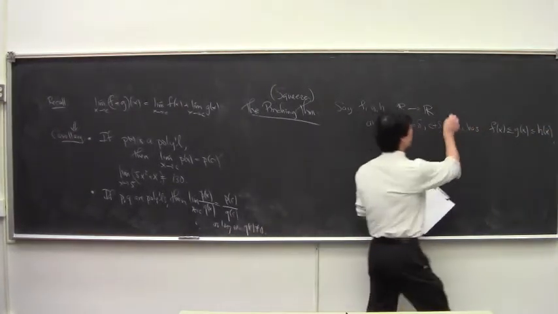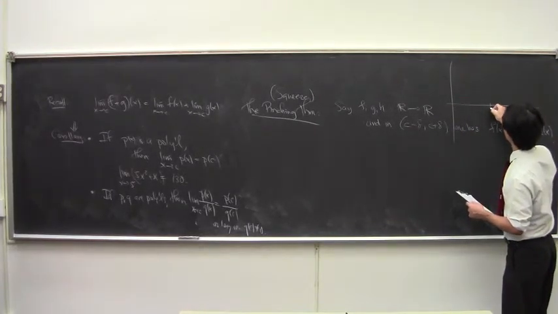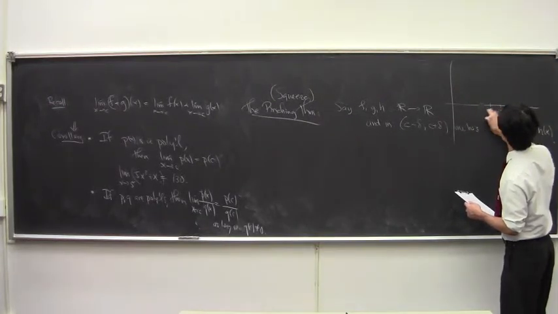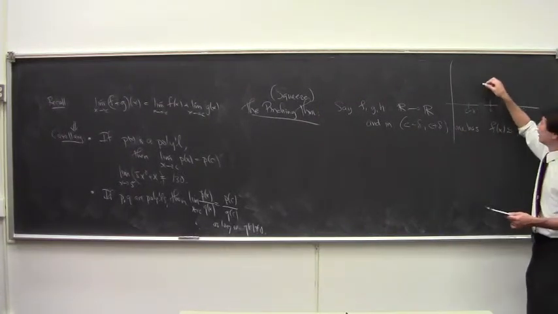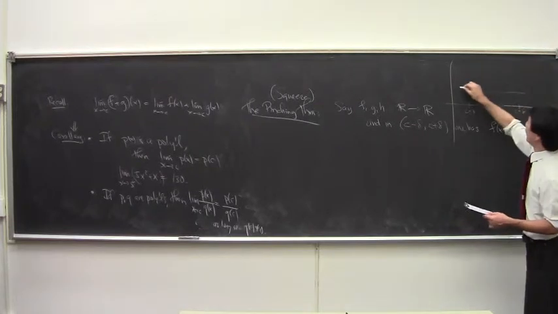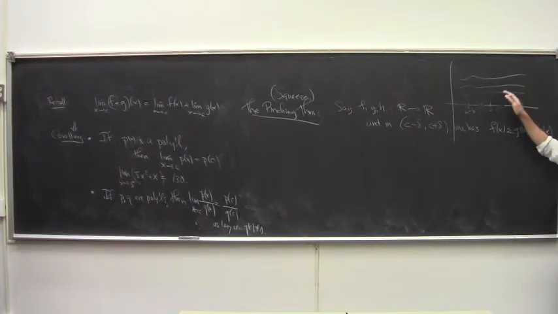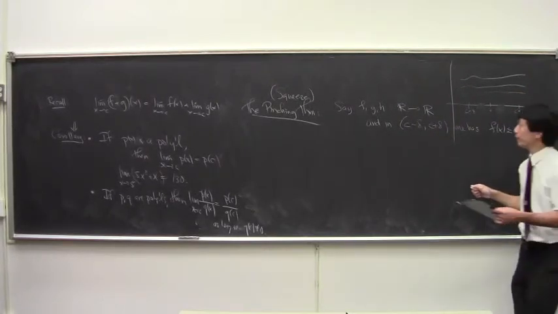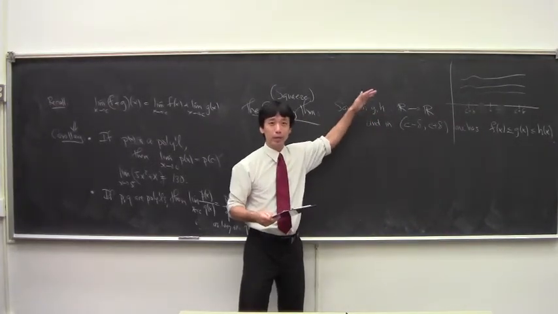If we're looking at their graphs, there's some interval around c, and in that interval, f is always lower than g, which is always lower than h. There's some hierarchy between them in that interval.